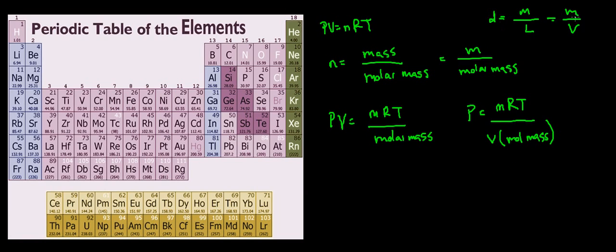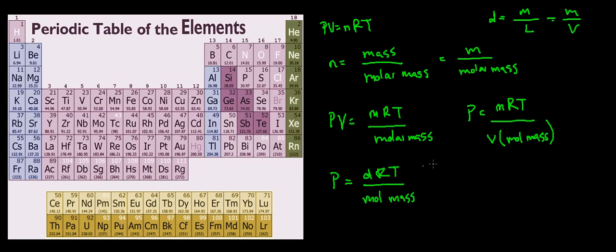And density is defined as mass over volume. I have mass over volume here, so I can factor this out and replace m over V with d. So this becomes P equals d times RT over molar mass, where d is density.